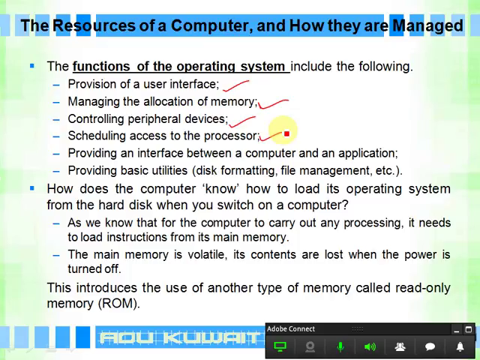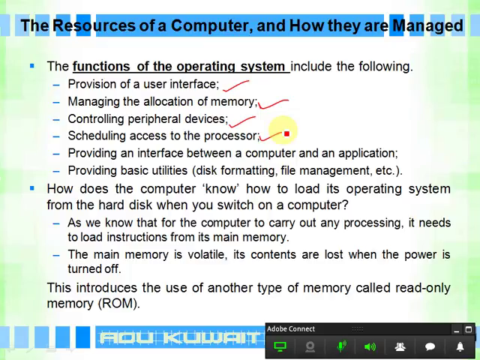For example, if 2-3 programs are running, these are all processed inside the processor. So which program will take the processor for how many seconds? For example, you play the video, you play the audio at the same time, you open Microsoft Word, you play the presentation at the same time. 3-4 programs you play, you see they are all running, and you have only one processor.